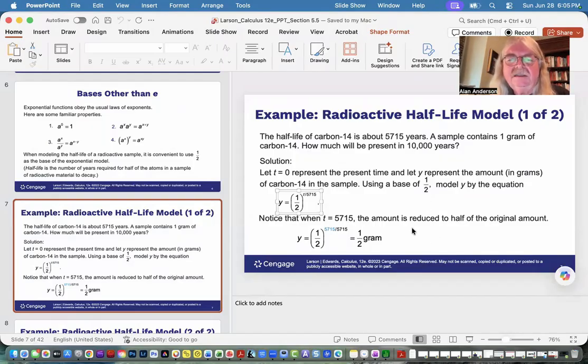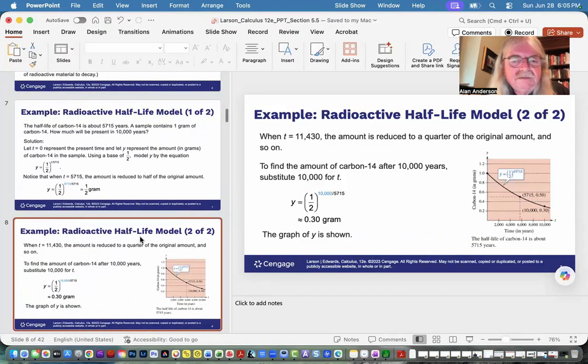Okay. So when we go out 5,715 years, then the exponent is one, and that means half of the radioactive material is left. Let's see. When T is 11,430, that will bring us down to a quarter.